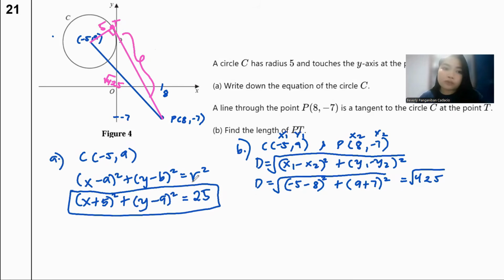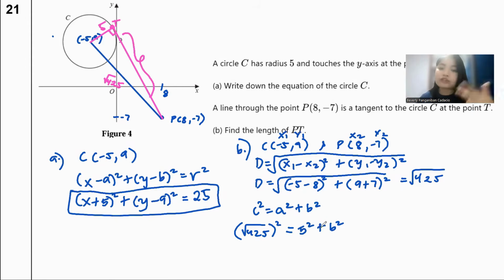So basically, I'm going to use Pythagoras, which is simply c² = a² + b², and remember, c is the hypotenuse. The hypotenuse here is root 425. Don't forget, you're going to square that. The a is 5, or regardless, if you want to find a, it's the same thing. So 5 squared, and the b is the PT that you need to find.